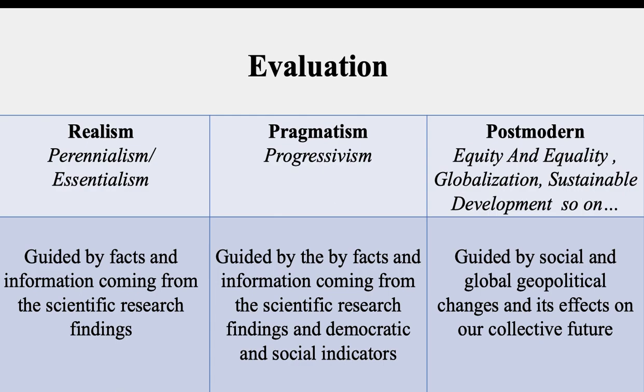So they are talking about a collective social system and about social and global geopolitical changes. Once they look at their curriculum, they need to find out whether it has all the components that should address globalization, the sustainable world, and the human rights that are supposed to be the same everywhere.